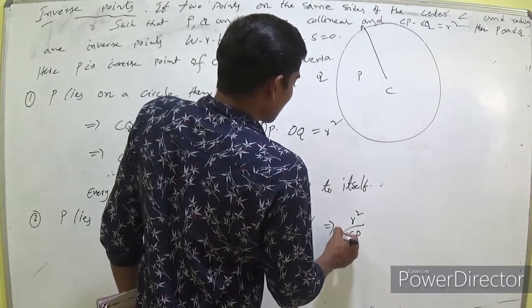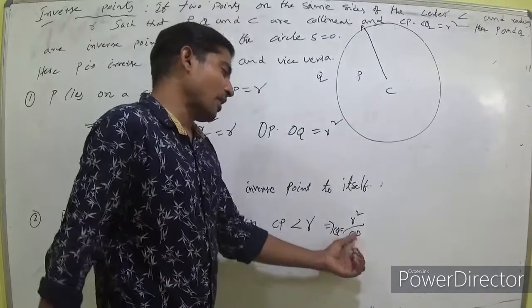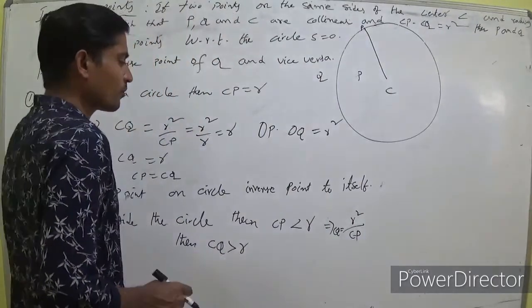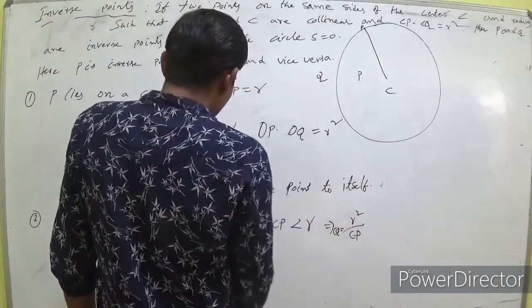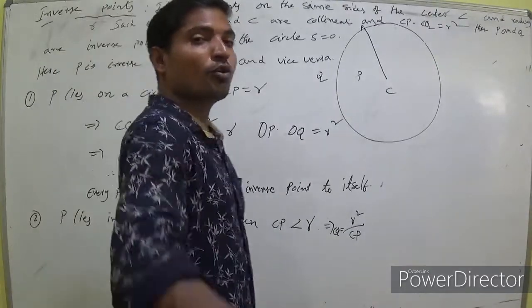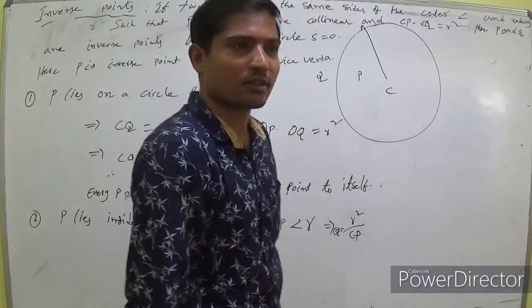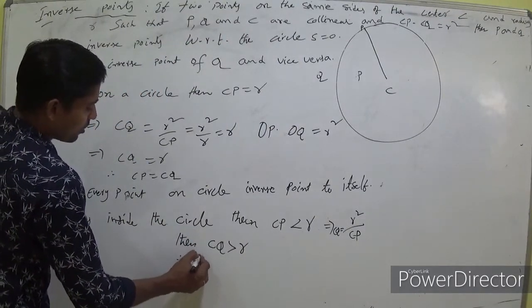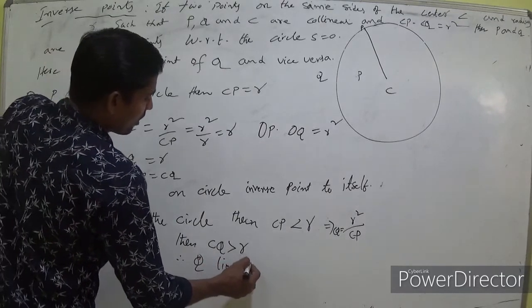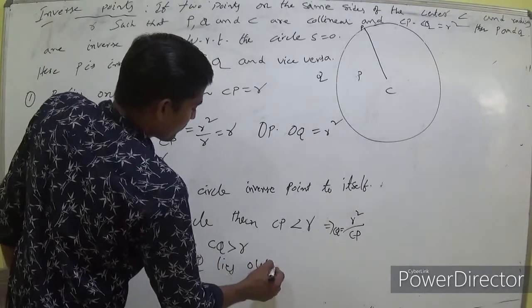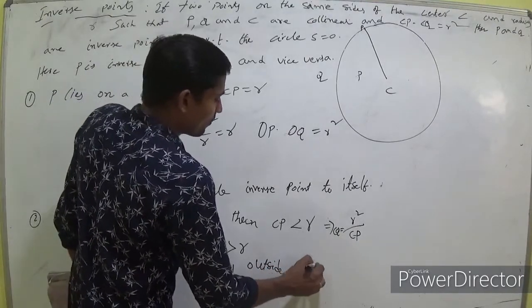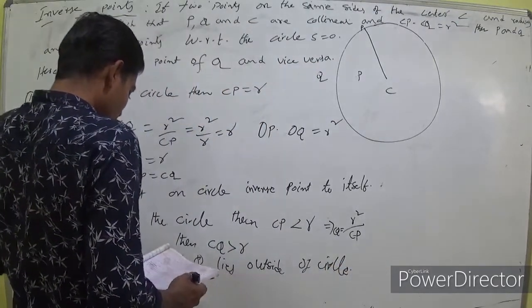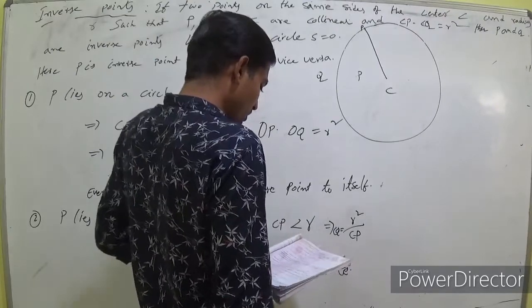CP is less, so it becomes greater. So CQ is greater than R, and Q lies outside of the circle. Clear? Q lies outside of the circle.